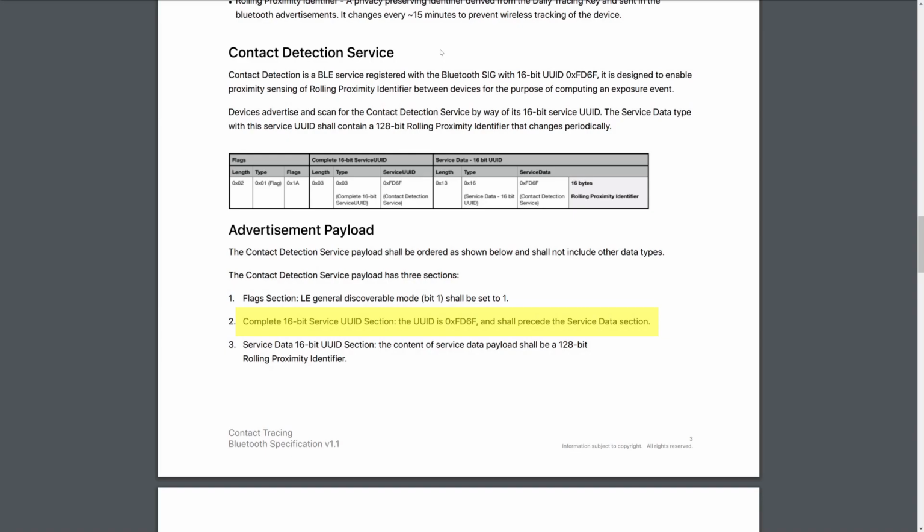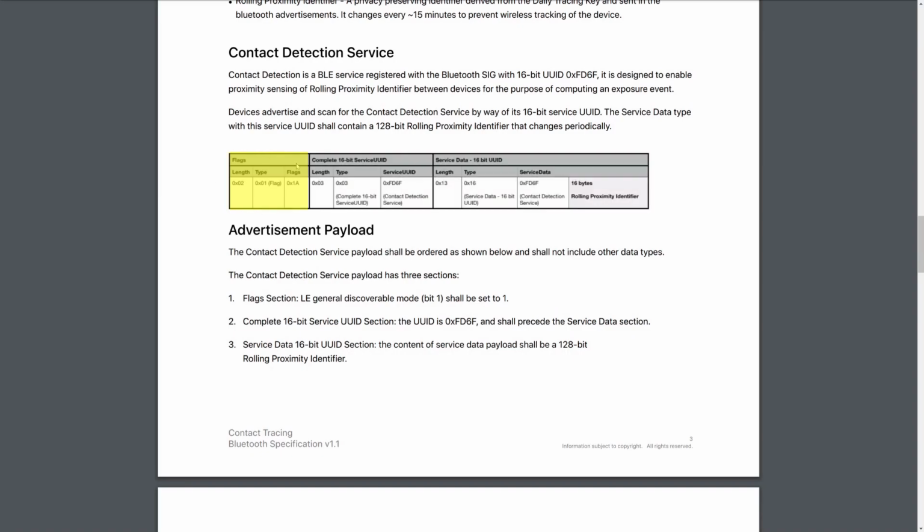The 16-bit service UUID, the UUID is 0xFD6F and shall precede the service data section. Then the remaining section is the content of the service data payload, which shall be a 128-bit rolling proximity identifier. The gist of it is this is the payload for advertising on Bluetooth.